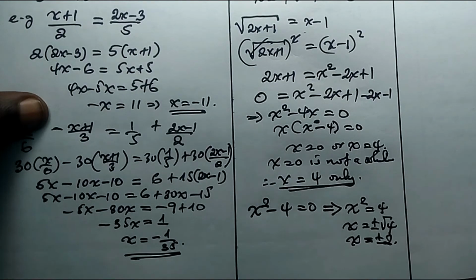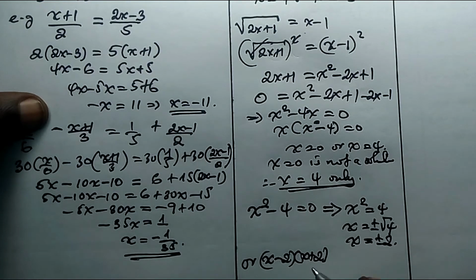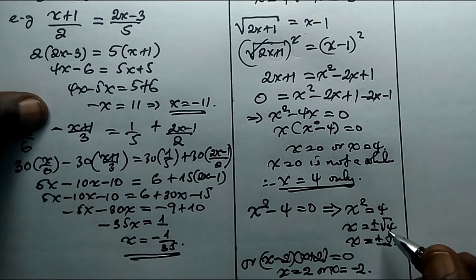So there are two solutions, positive 2 and negative 2. Or I can use difference of two squares to solve, and it would follow that x is either 2 or x would be negative 2. The same result as above.